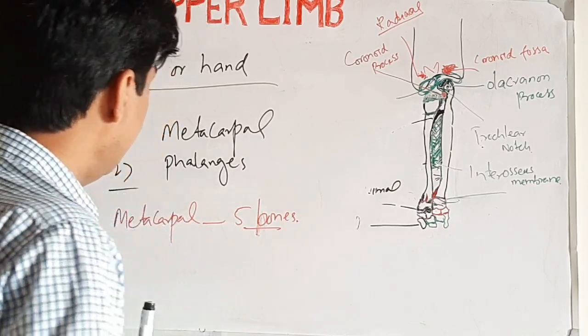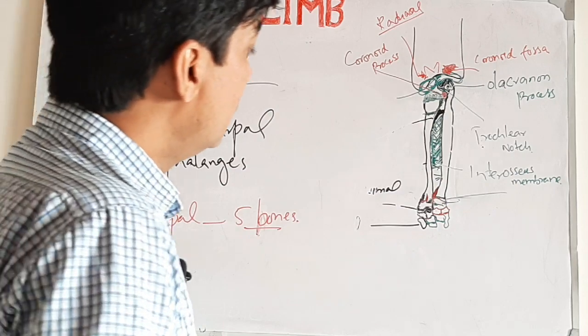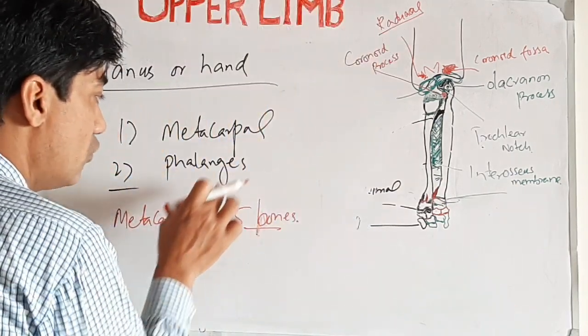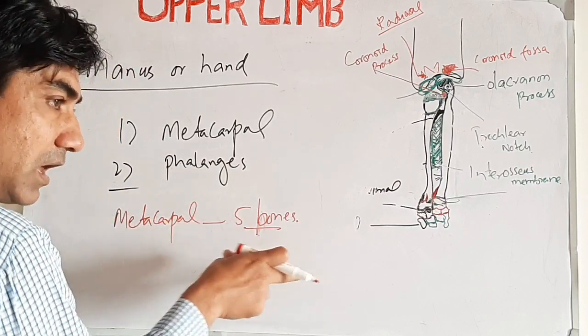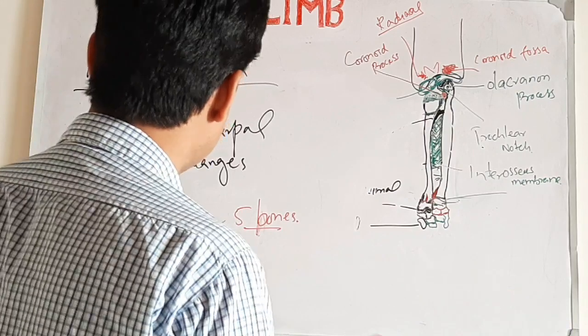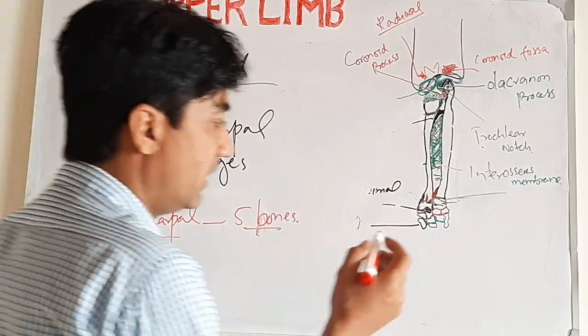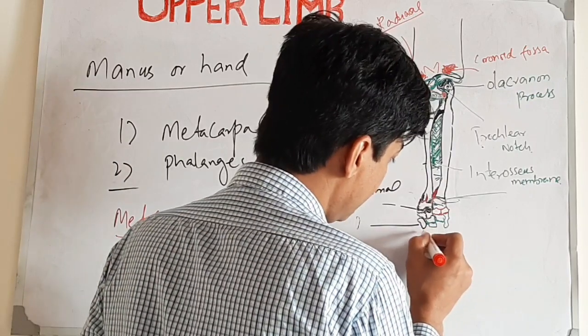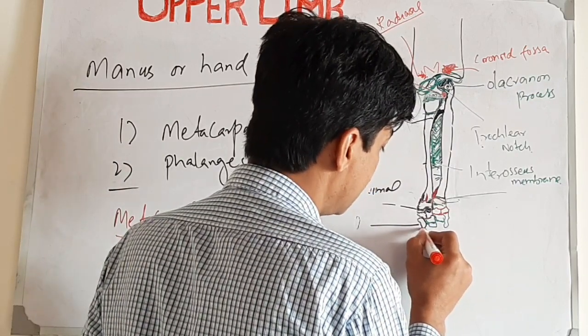When we see it in the skeleton, you can see that the metacarpals look like phalanges, because it is an extension of the phalanges. Here are the 5 metacarpals which make the palm of the hand.